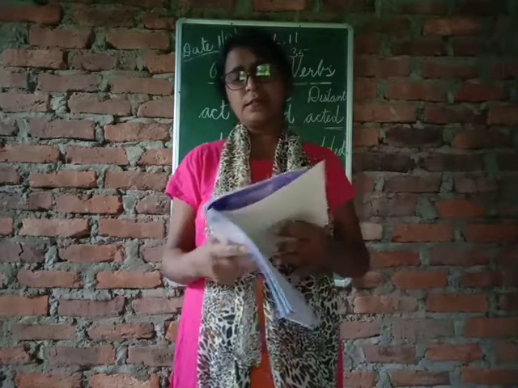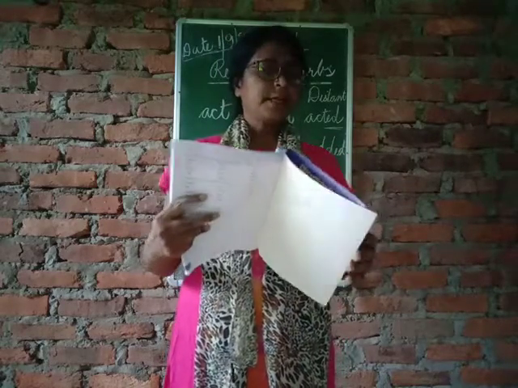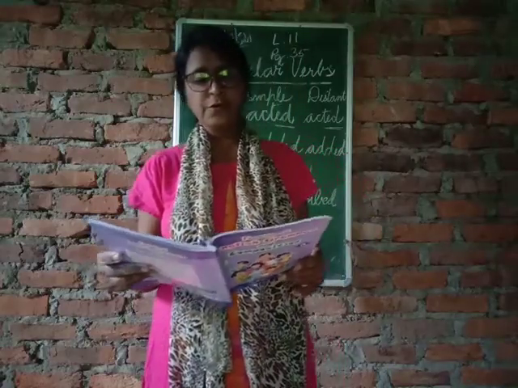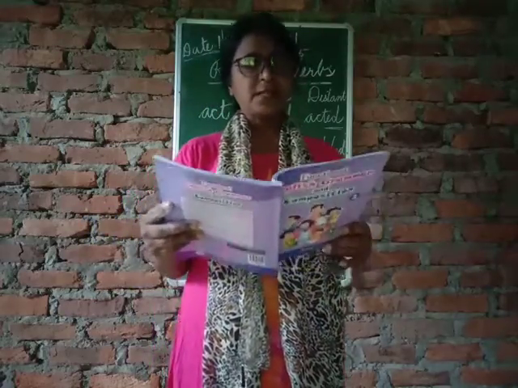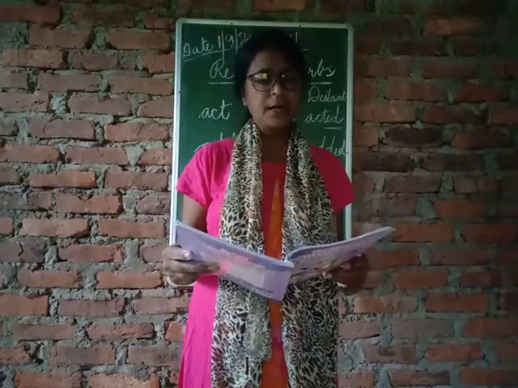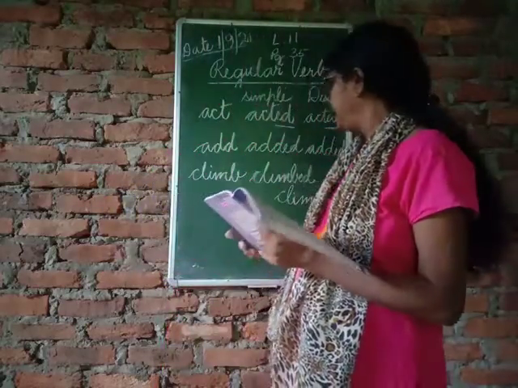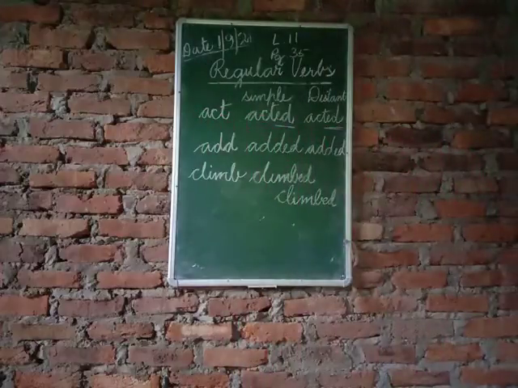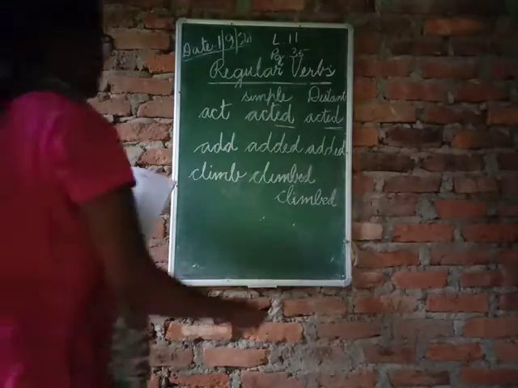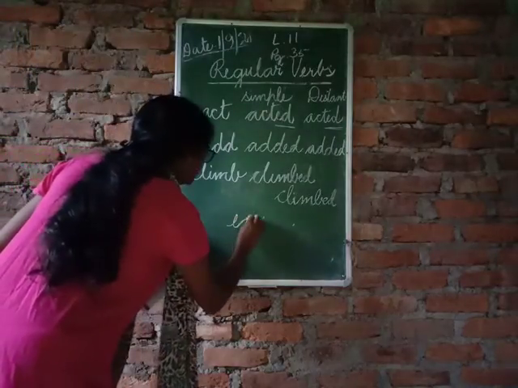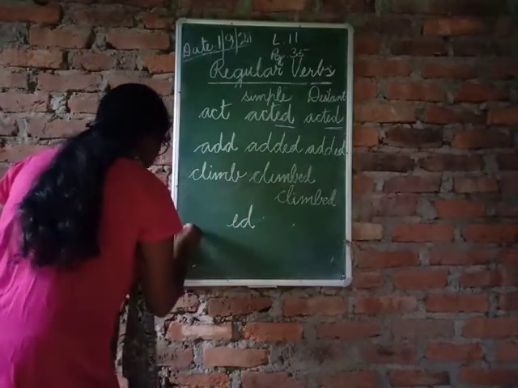So these are the present, simple past and distant past. If you have to show that in past also you did that thing, pastতো কৰিছিলা, then you have to put ed with the present word.